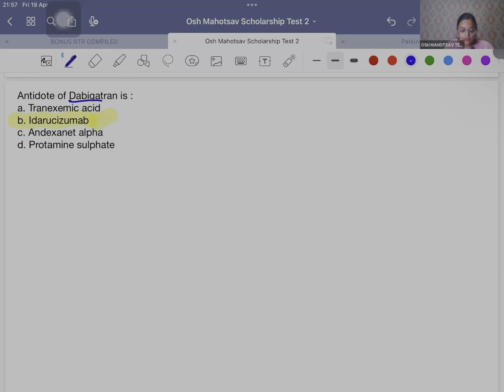If we are using this anticoagulant, toxicity of dabigatran will be treated by idarucizumab.